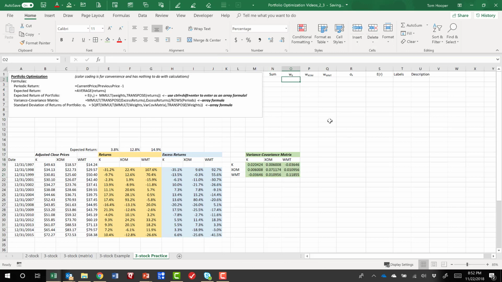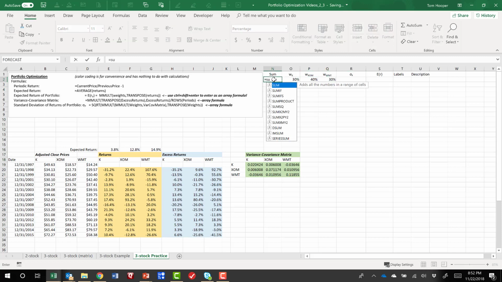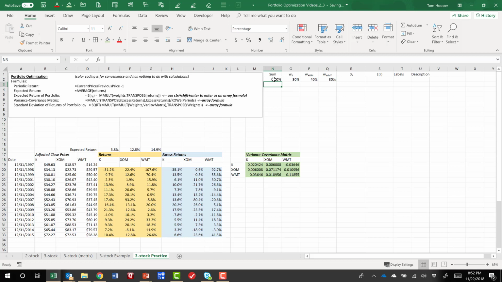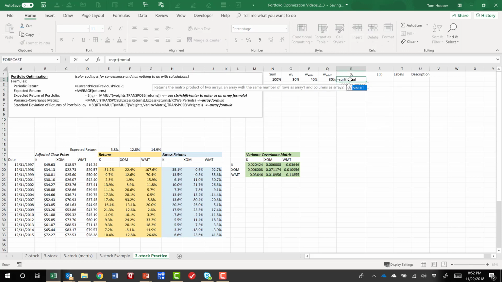The next step is to make up some weights for a given portfolio. Make sure that they sum to 100, and then calculate the risk of that portfolio, which using the last row here is the square root of the matrix multiplication of the matrix multiplication of the weights with the variance-covariance matrix by the transpose of the weights.